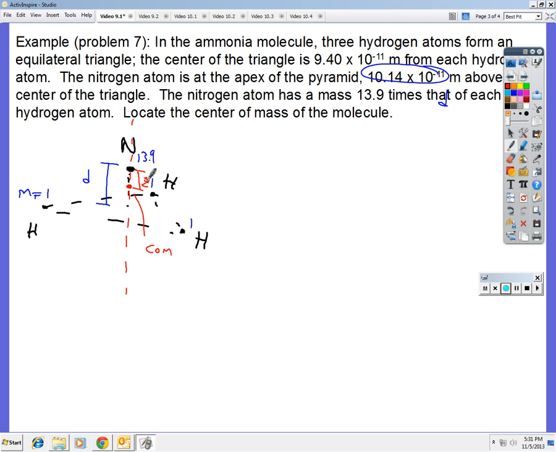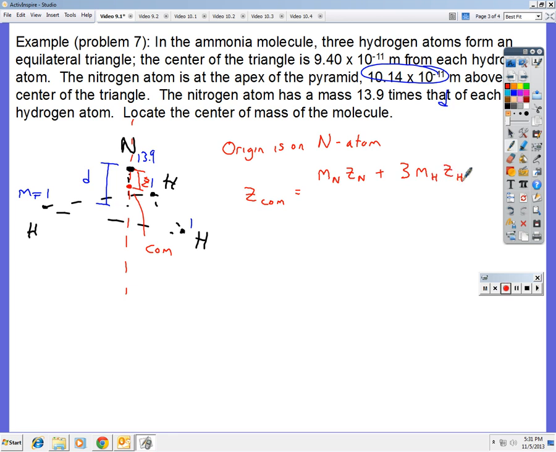Now, if we say that our origin is located at the nitrogen atom, and positive z is downward, just to make computation a little bit easier. To find the z coordinate of the center of mass, that's going to be the mass of the nitrogen times the z coordinate of the nitrogen plus 3 times the mass of the hydrogen times the z component of the hydrogen.